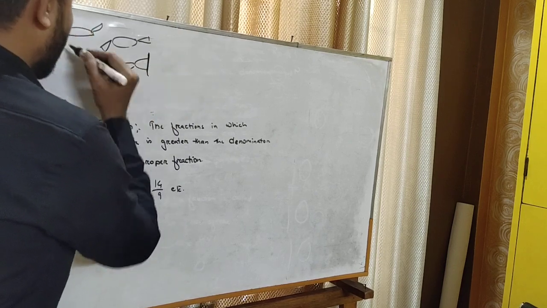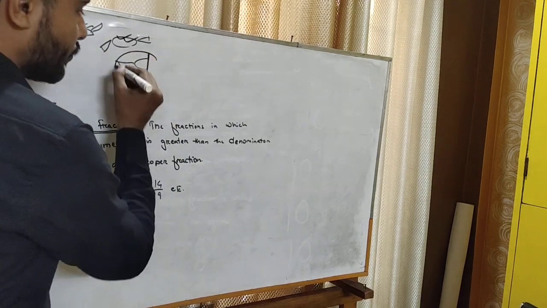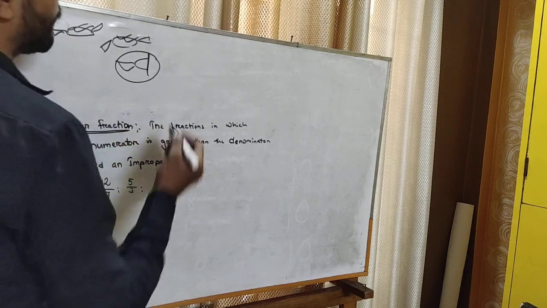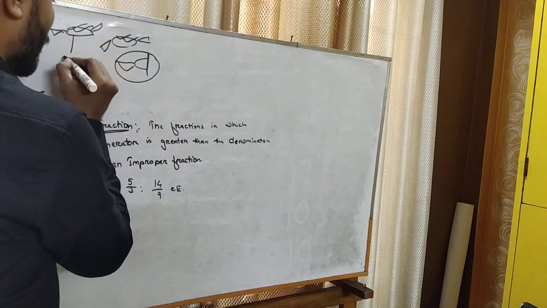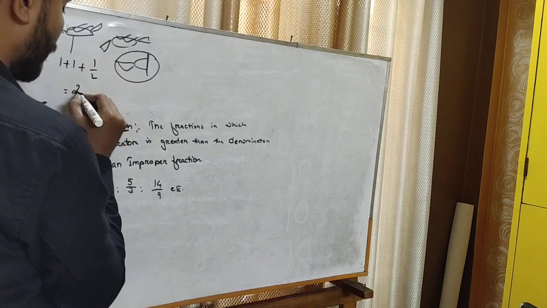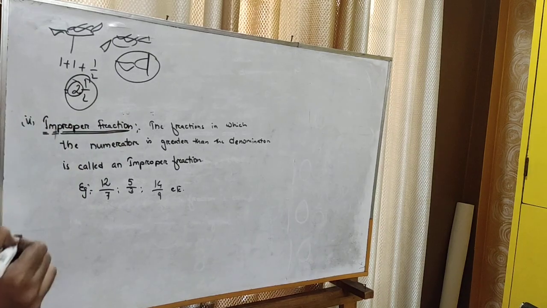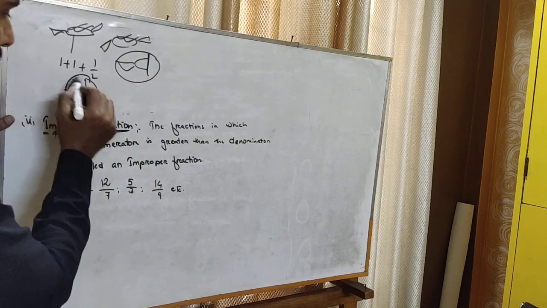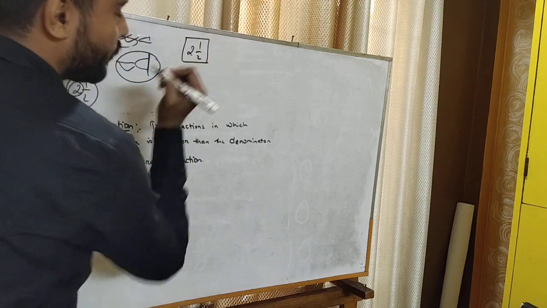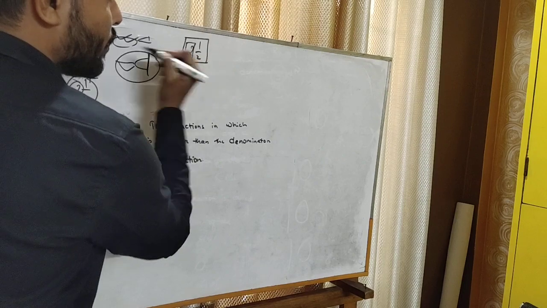I give you this chocolate as a whole and this one as a whole, and from the third one I ate half of it and gave half to you. So you got one chocolate plus one chocolate plus half chocolate. Overall you got 2 1 by 2 chocolates: 2 chocolates as a whole and half of the third one. This kind of fraction will be written as 2 1 by 2. This is a mixed fraction, which has a whole part and a fractional part.